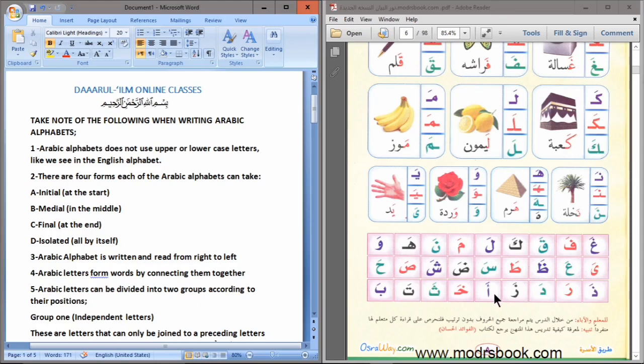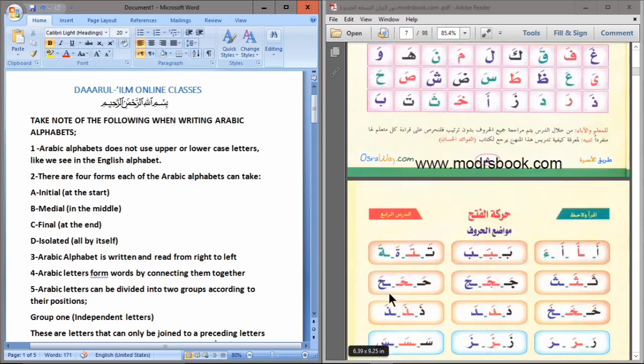This is a, hamza fatha, a, kho, tha, ta, and ba. So this is where we'll stop today, inshallah.